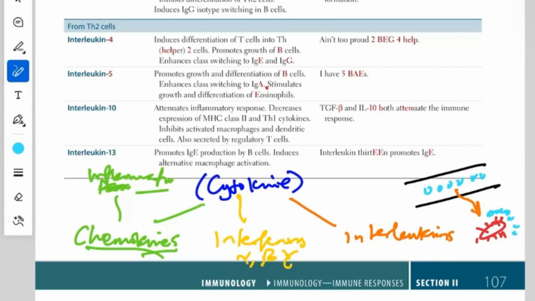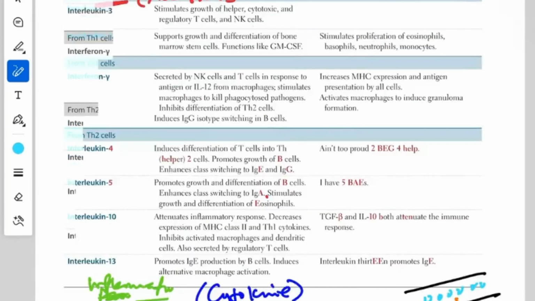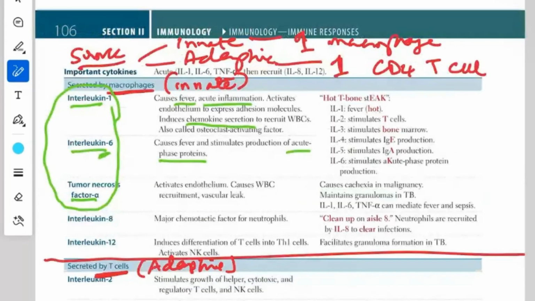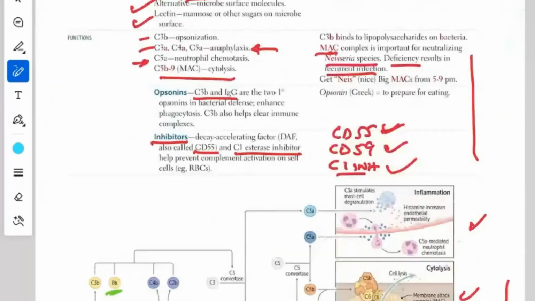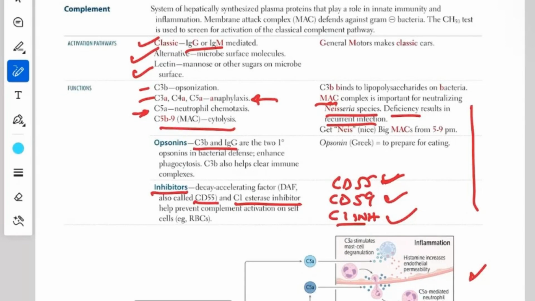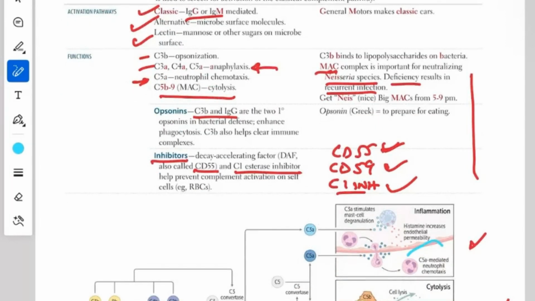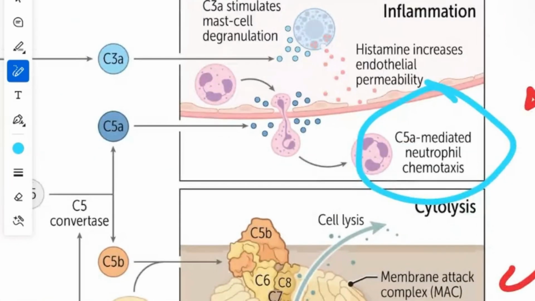And that signal that stimulates them is what is called the chemokines. And we've come across one chemokine already. If you come here, C5a is a chemokine. It stimulates neutrophil chemotaxis.